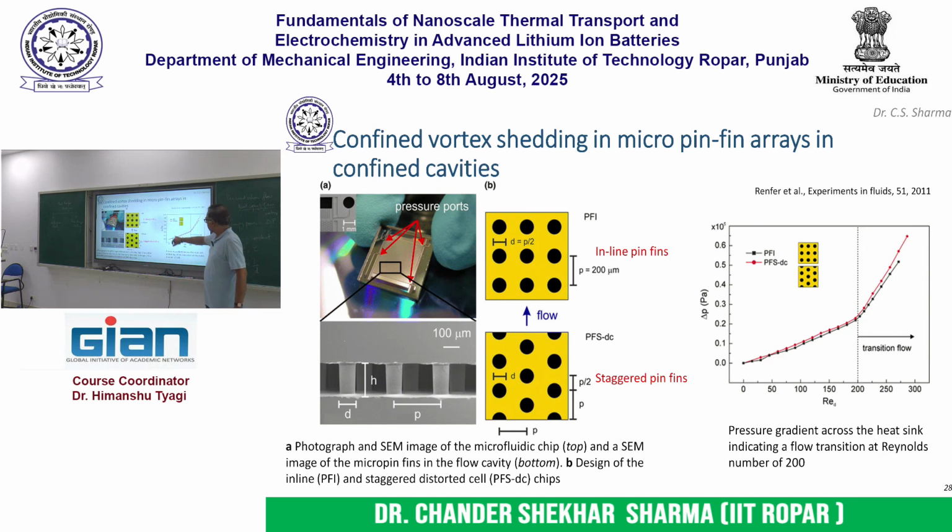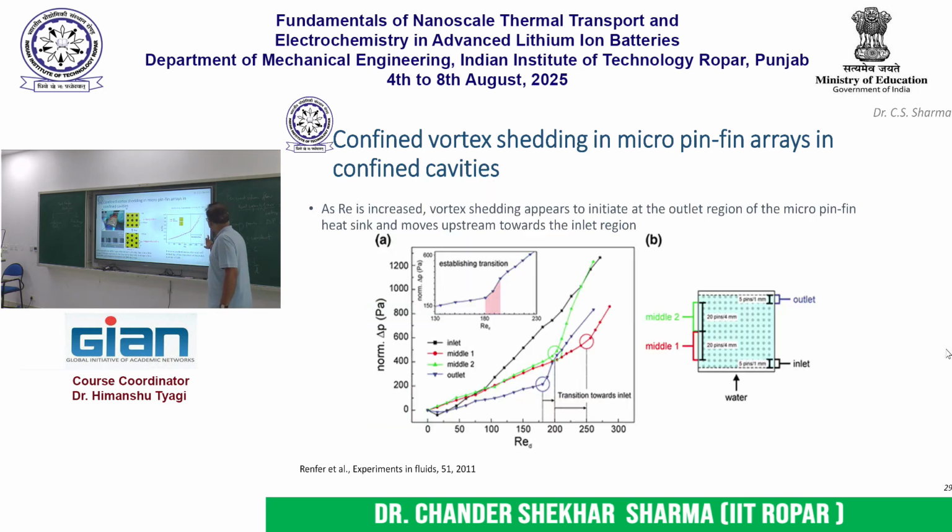So here you see a plot of pressure drop versus Reynolds number. So up to a certain Reynolds number the plot has a linear profile which is expected for any laminar flow, but after a certain Reynolds number the profile changes. Why is that happening? So beyond this Reynolds number vortex shedding is starting, and that is causing the flow to become unstable.